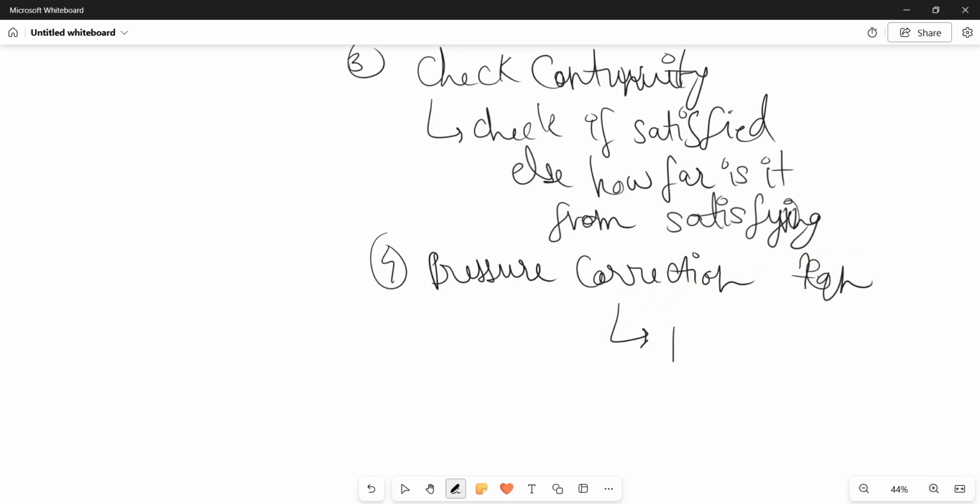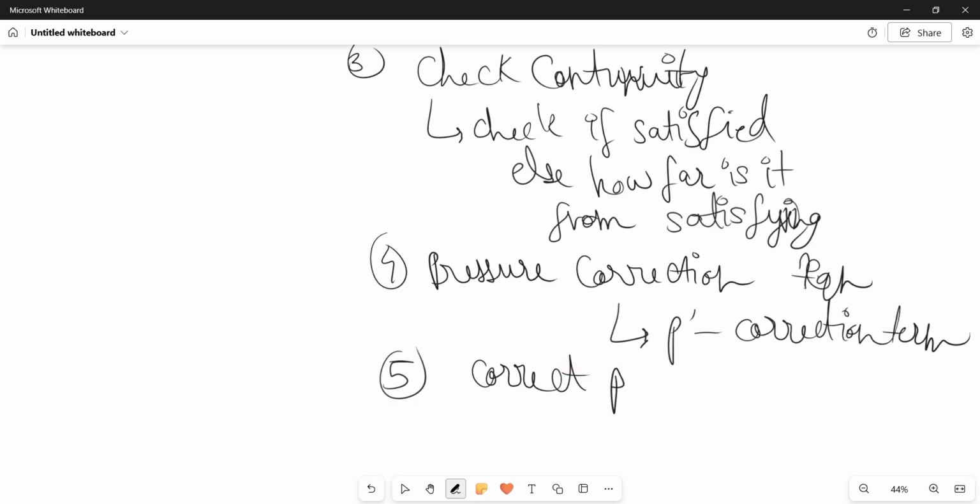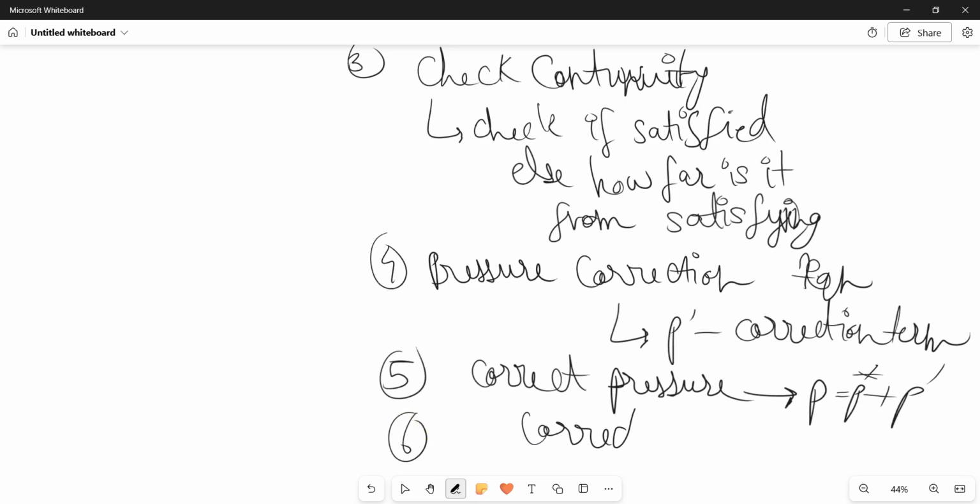So you solve such that you get a term P dash, right? That is the correction term. Now you correct the pressure, so you get corrected pressure is equal to your P star, that's your initial guess, plus P dash, that is the pressure correction term. So with this now you correct velocities.